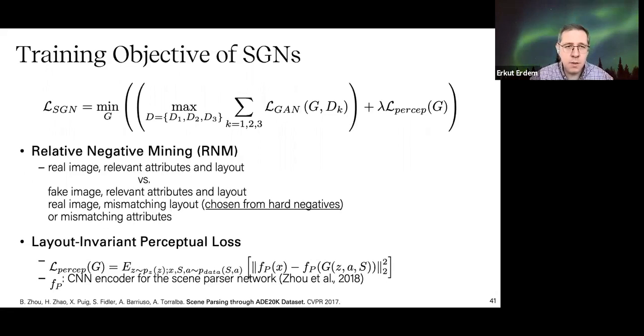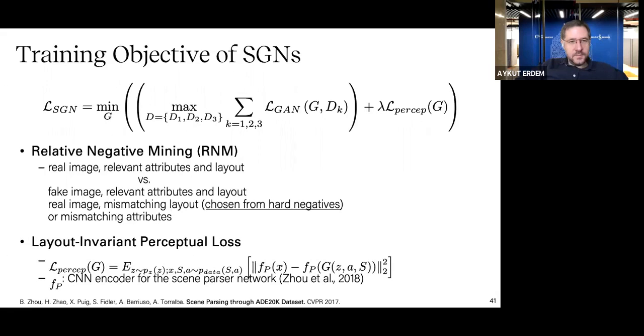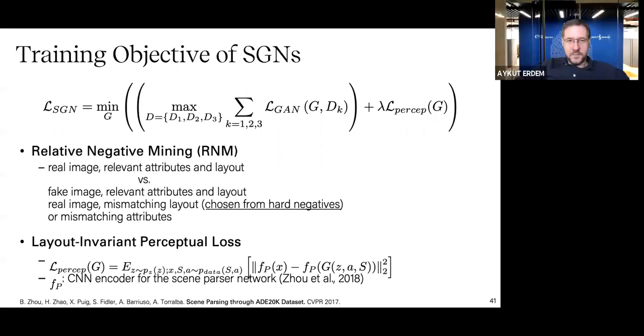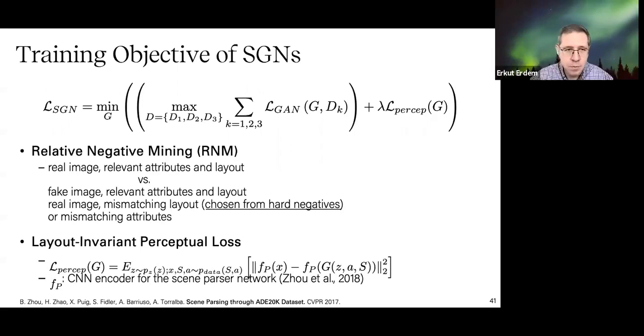So in this relative negative mining strategy, we consider different combinations of these inputs so that we can stabilize the learning process in a more effective way. For instance, we can consider real image, relevant attributes, and layouts as a true sample versus fake image, relevant attributes, and relevant layouts. Or we can consider a real image, but with some mismatching layout or mismatching attributes.